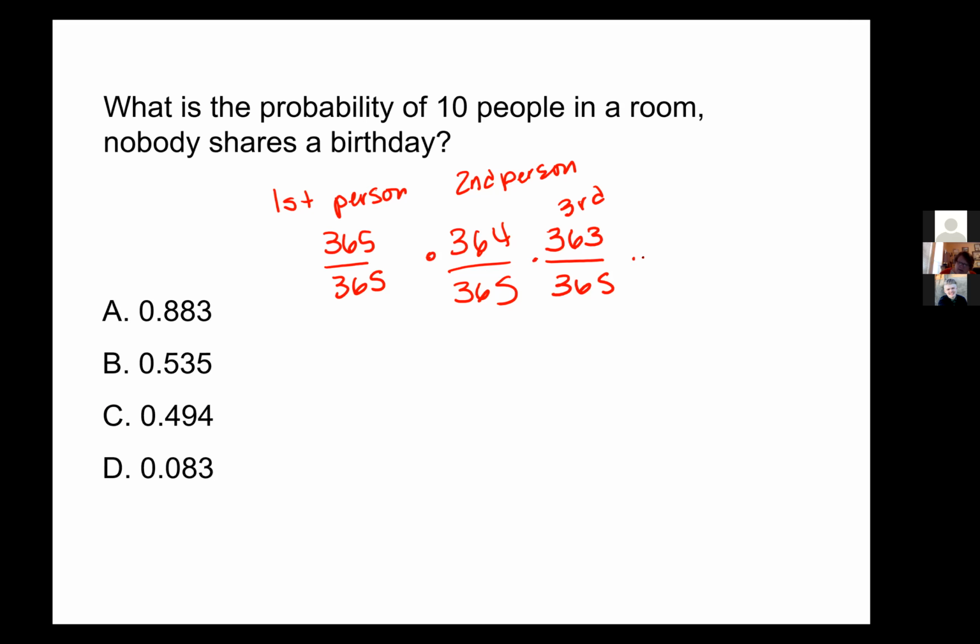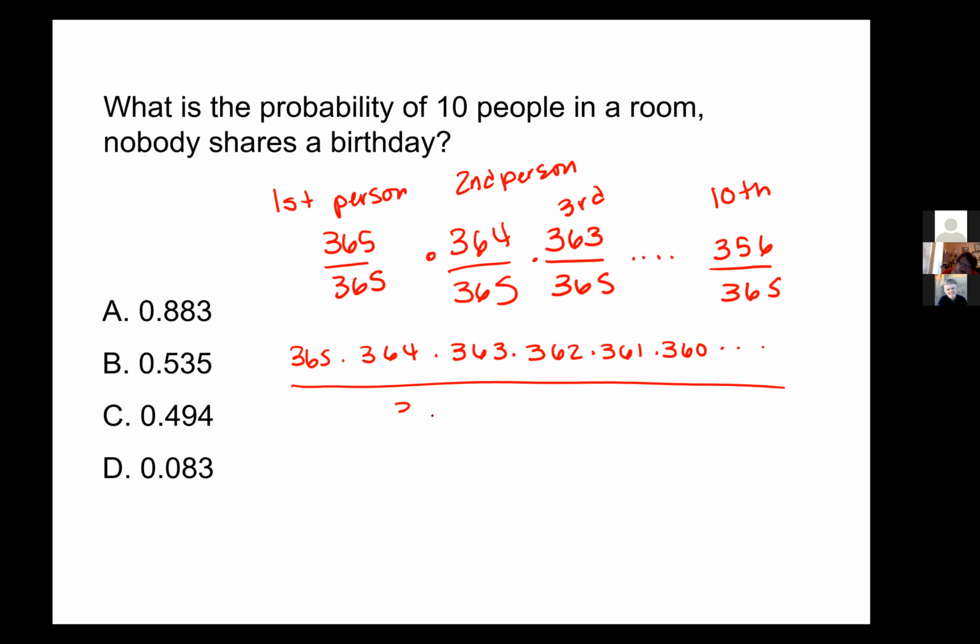And you keep doing this till you get to the 10th person, which would be 356 over 365.